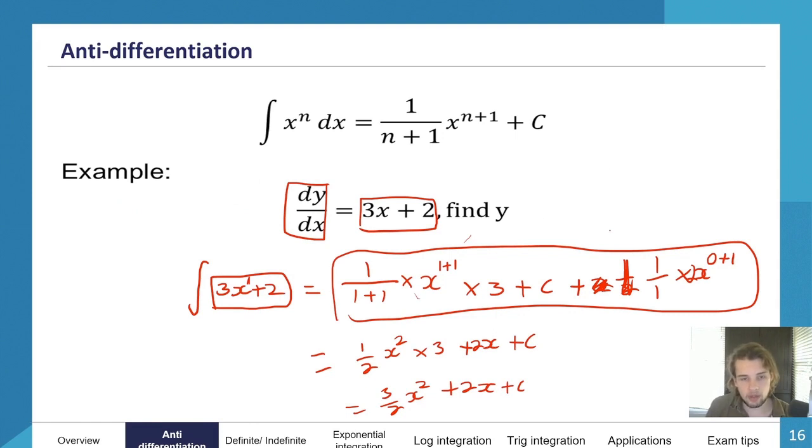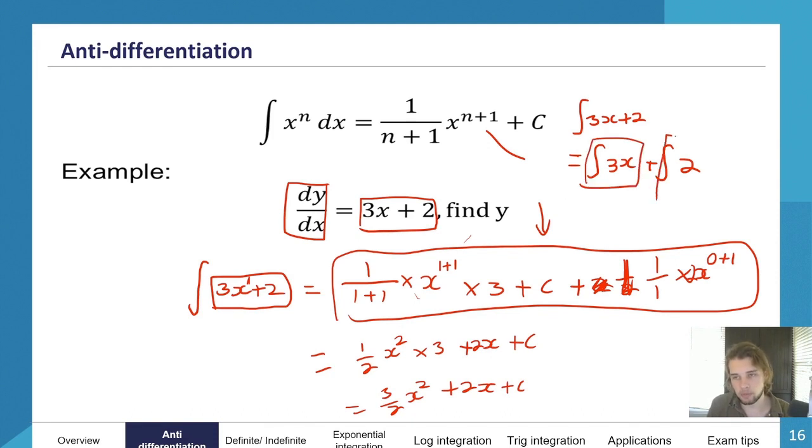Now, one note that might help you a little bit is that the anti-differentiation of 3x plus 2 is the same as the anti-differentiation of 3x plus the anti-differentiation of 2. That might make this formula a little bit easier. So you basically apply this formula twice, as I did down here, because you are anti-differentiating both of these terms separately.